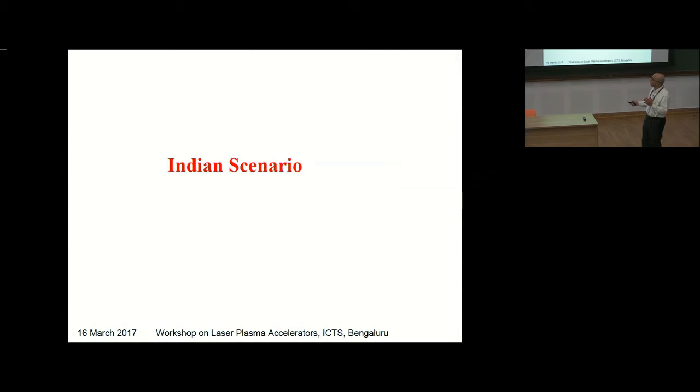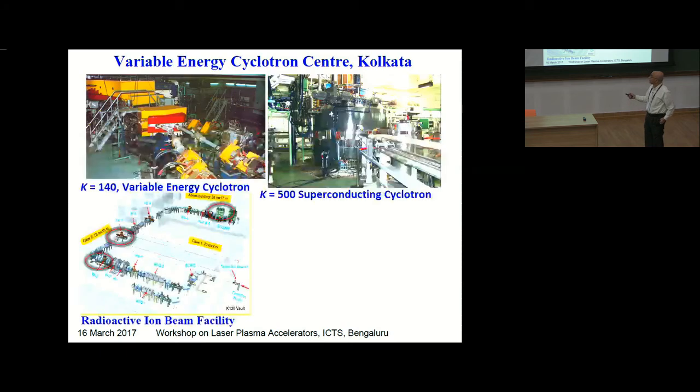So, Indian scenario, what kind of accelerators do we have in India today? I first started with the variable energy cyclotron center, not just because I'm coming from there, I associated with this place, but the first large indigenous accelerator was built in Kolkata, the K140 variable energy cyclotron.